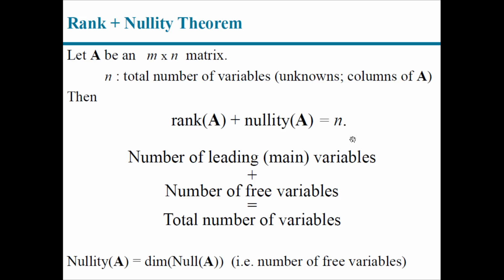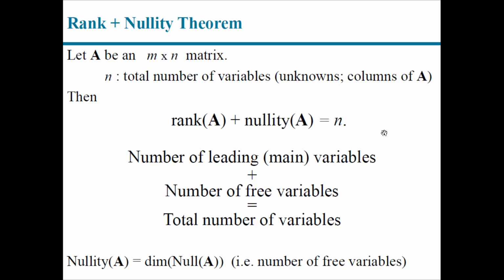We separate them in two groups, leading variables and free variables, right? So the number of leading variables corresponds to rank A, plus the number of free variables, which is equal to nullity A, the dimension of the null space. Well, when we add them, we have all the variables, so the total number of variables.